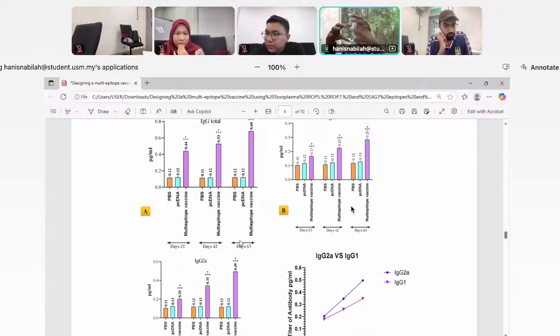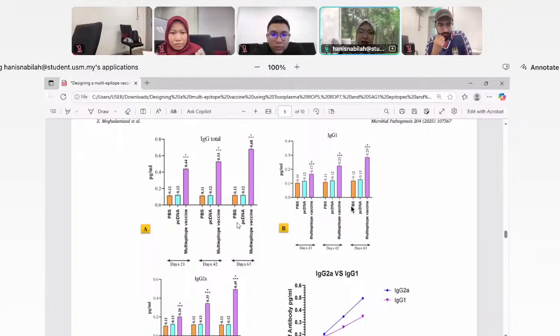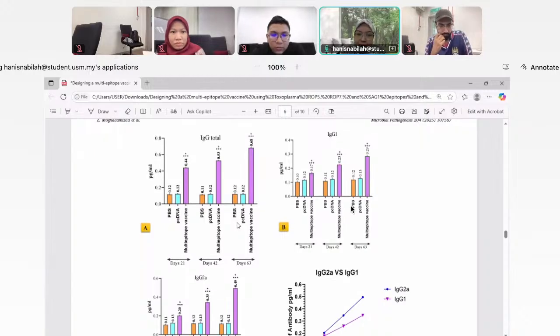Cell-mediated is to kill the infected cell. Meanwhile, the antibody-mediated response produces antibodies that can neutralize the infection. So they check for the humoral immune response. They check for the IgG isotype.